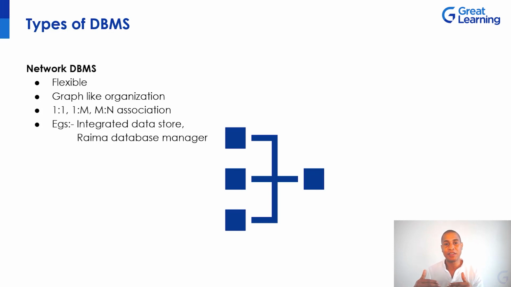This covers the flexibility of connecting a one-to-one relationship, a one-to-many, a many-to-n association. So this is an integrated data storage, and one of the most well-known database structures for this is the RIMA database management system.